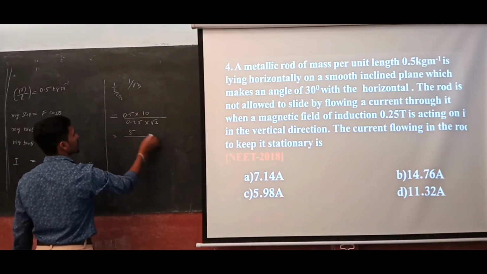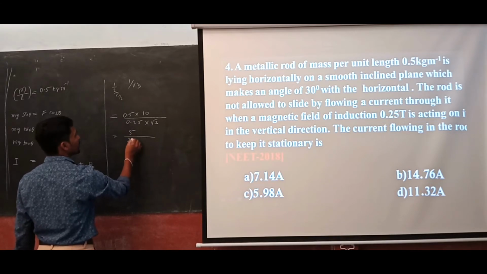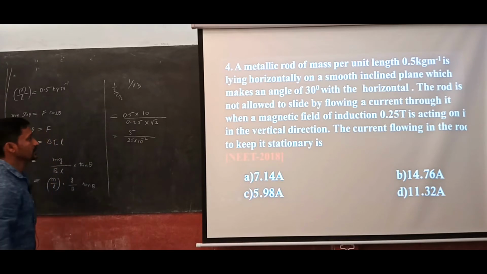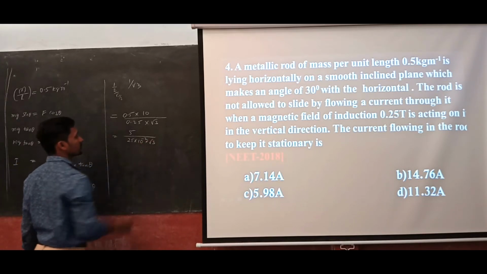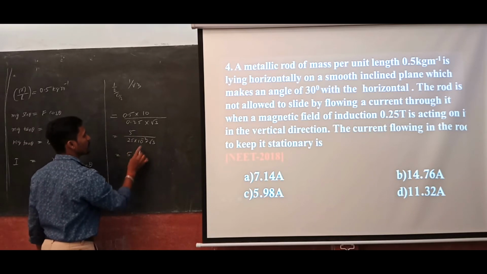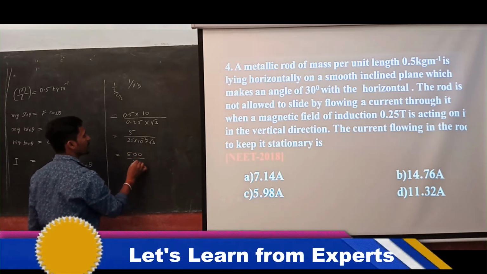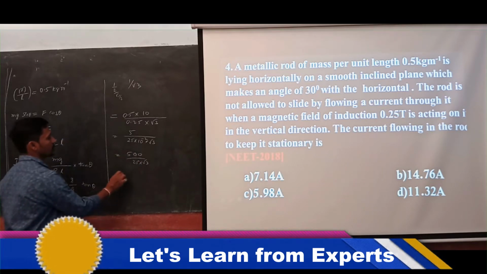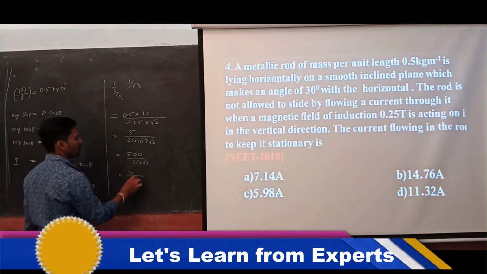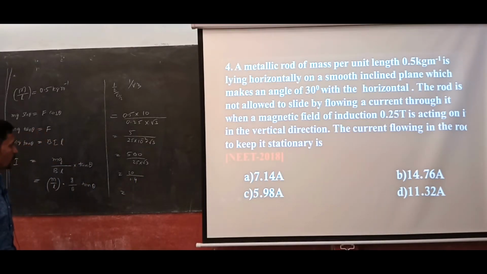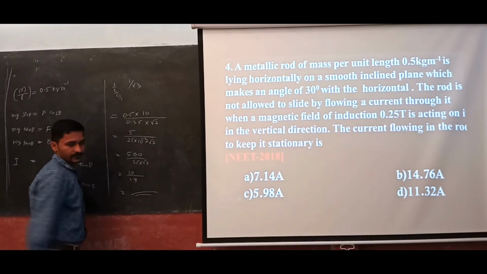So into 5 means how much it becomes? I am going to write it as 25 into 10 to the power minus 2, into root 3. Taking 10 to the power minus 2 here, 5 into 10 to the power plus 2 becomes 500 divided by 25 into root 3. 25 ones are 25, twos are, so nearly it is 20 divided by 1.4, isn't it? So what is the answer you are going to get? Do it and tell me the answer.